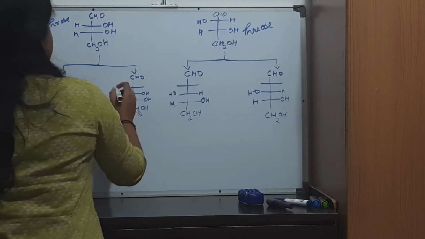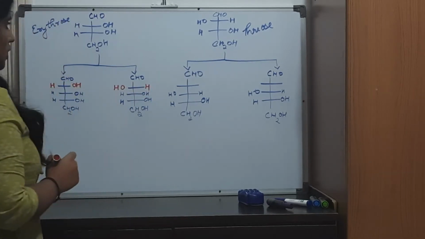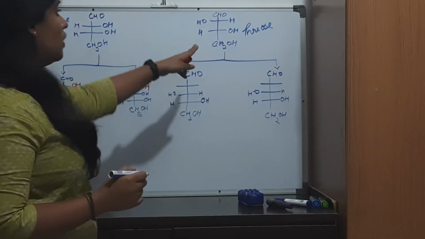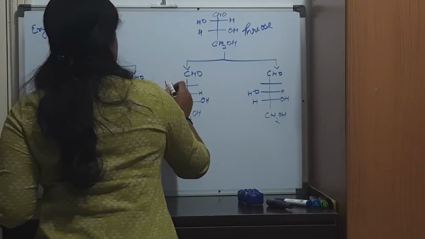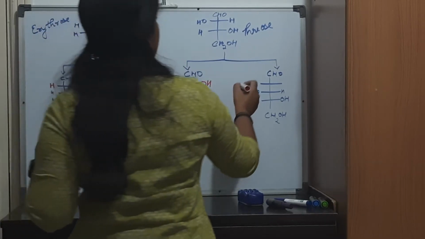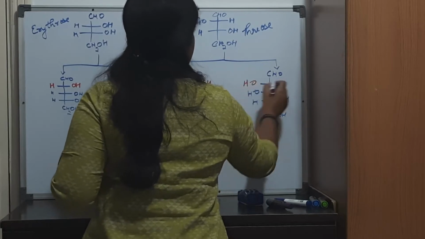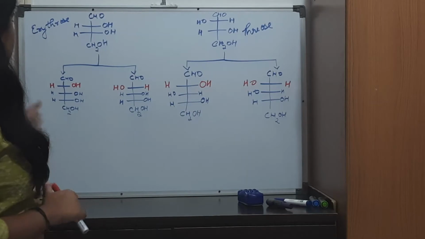Another possibility is OH being on the left and H being on the right. Similar goes for threose: H on the left and OH on the right, or the reverse. These are the possibilities.